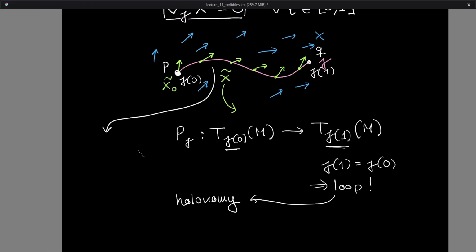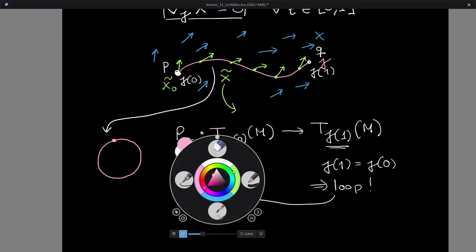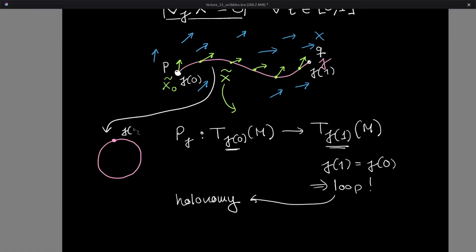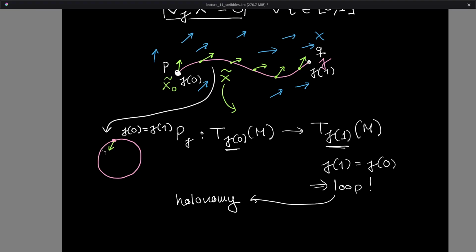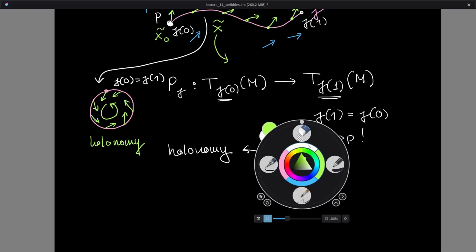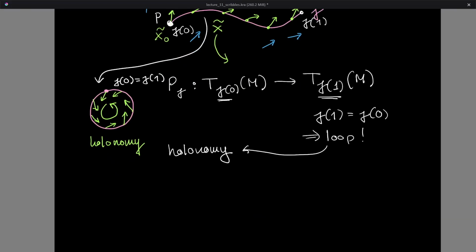We made it so that this pink curve looped back on itself so that gamma 0 is equal to gamma 1. And then if we think about the vectors along this curve, then if we're transporting, this is a holonomy. And so we can form a group from all of these operations of P gamma, right?